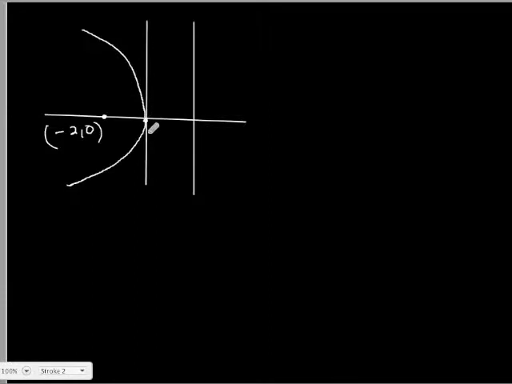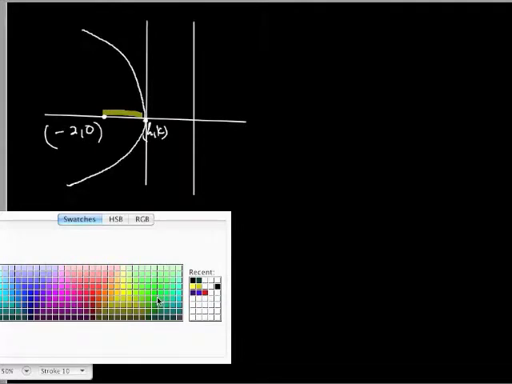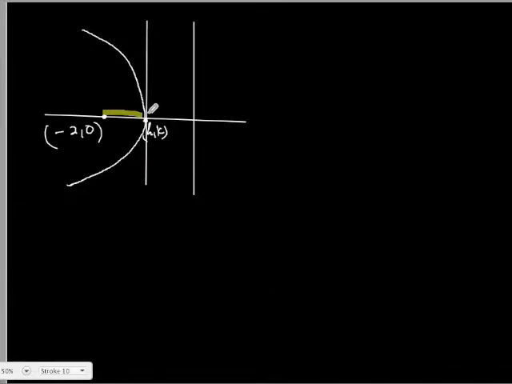So here's your vertex, HK, and this is the distance between the vertex and the focus, and the distance between the directrix and the vertex is equal to the distance between the vertex and the focal point. The directrix, which is the equation, is x is equal to positive 2.